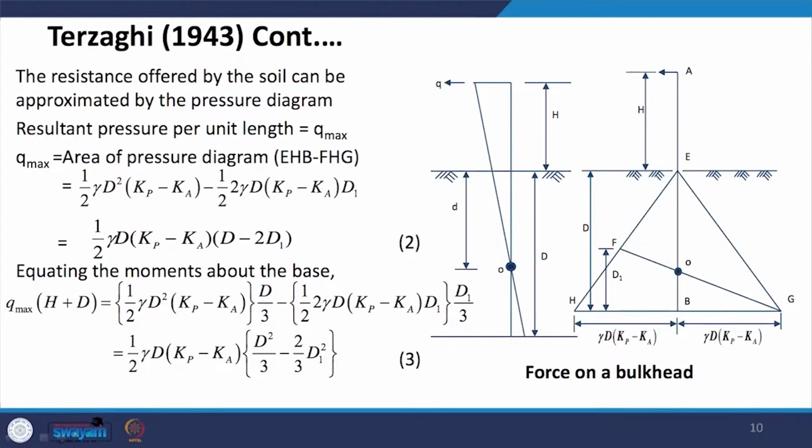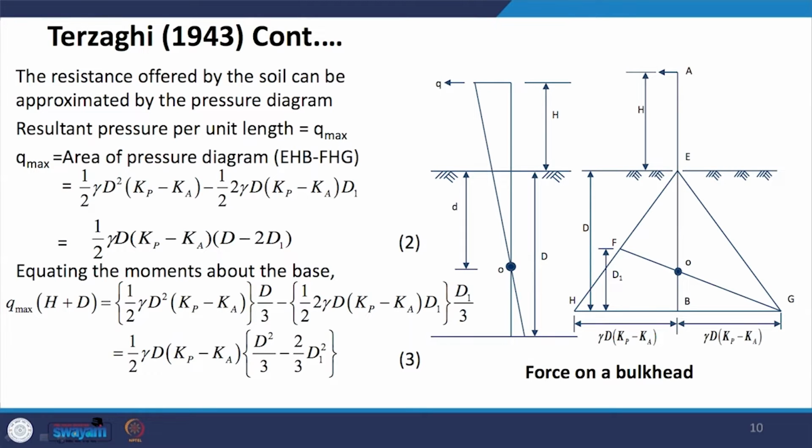The resistance offered by the soil can be approximated by the pressure diagram, as can be seen, and Q max is the area of the pressure diagram. In this diagram, you see E H B, where E is this point, and on one side H B, and because the point of rotation is here, there is another triangle F H G, from here to here.